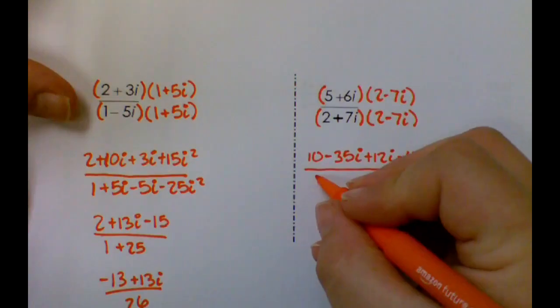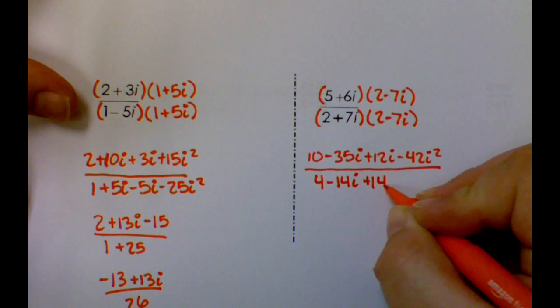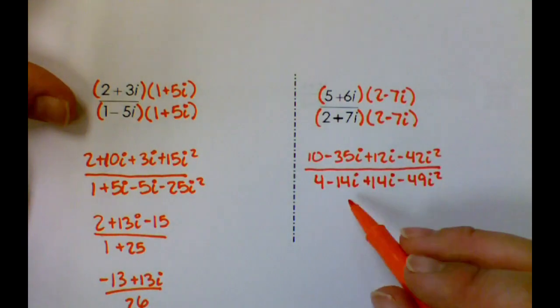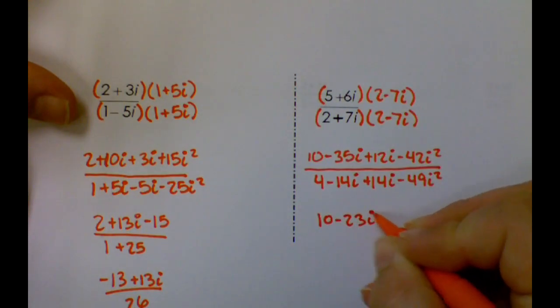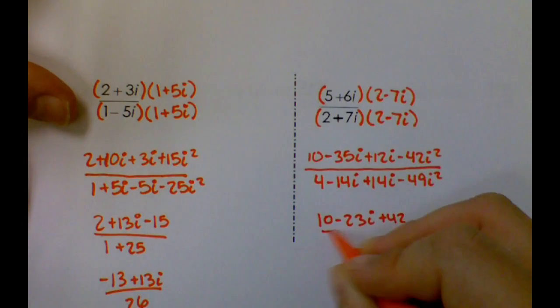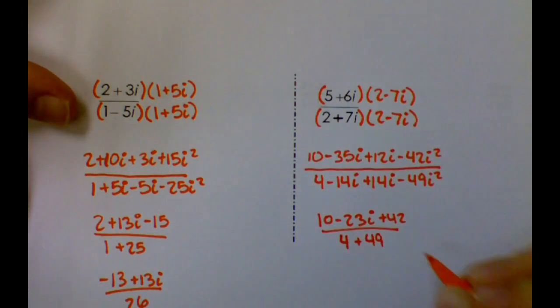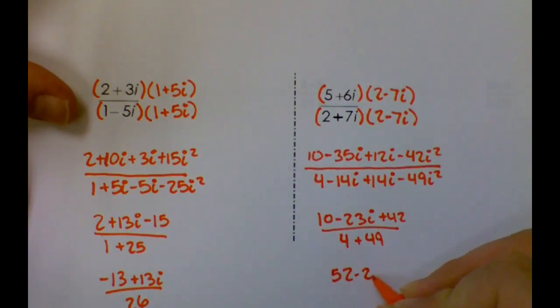FOIL out the bottom, I'm going to get 4 minus 14i plus 14i minus 49i squared. Simplify my numerator, I get 10 minus 23i plus 42. Simplify my denominator, I get 4 plus 49. Combine like terms again, I get 52 minus 23i over 53.